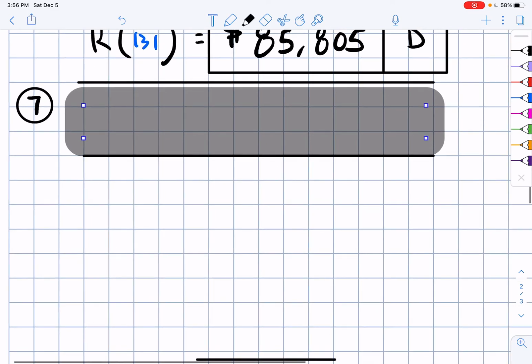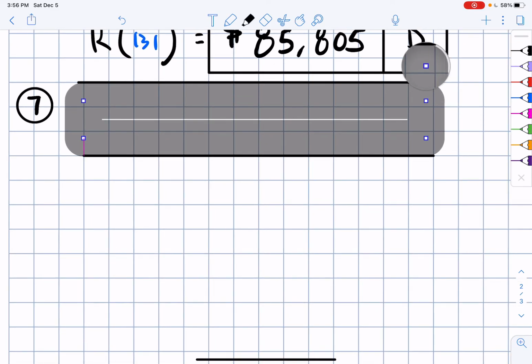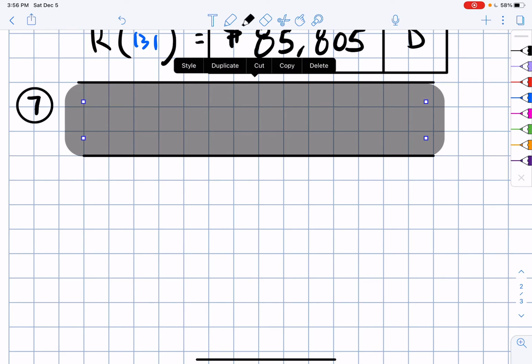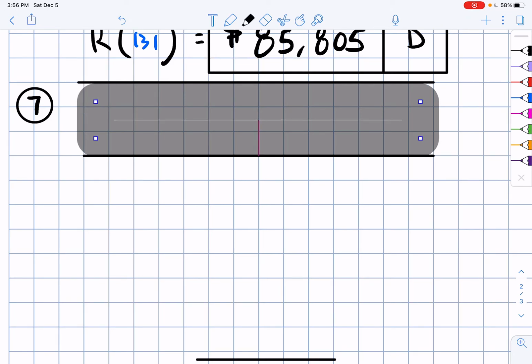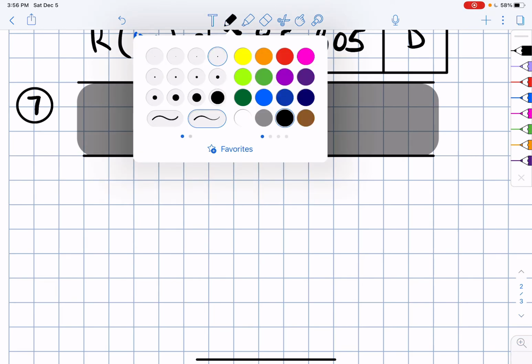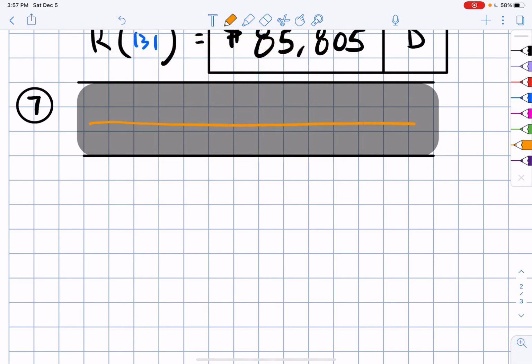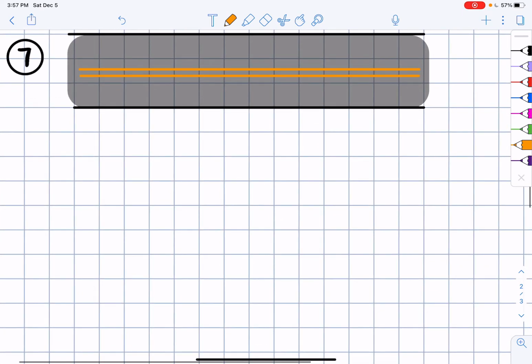All right. My road, and what I'm going to have is, it has to be yellow, right? Orange makes more sense here. There we go. All right, and then I have a grassy field.